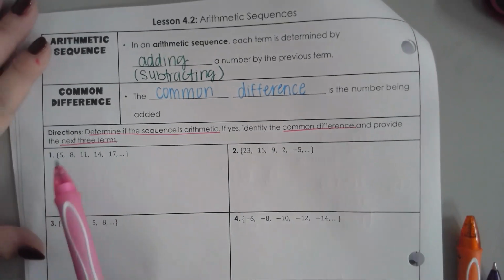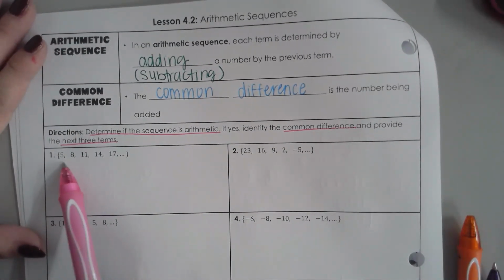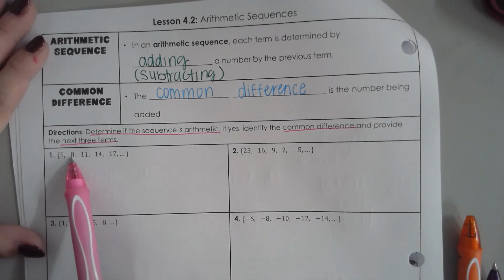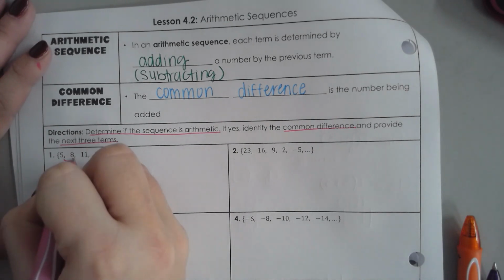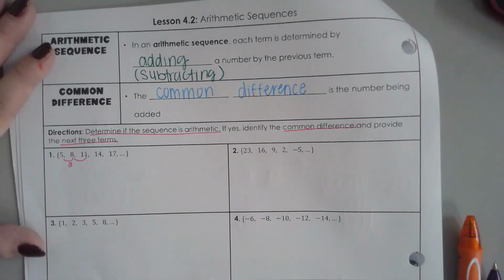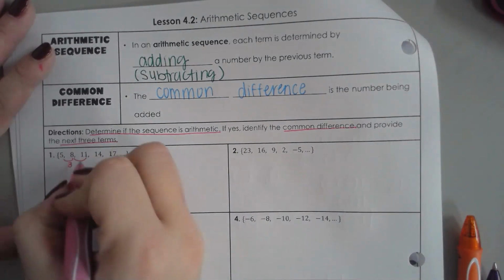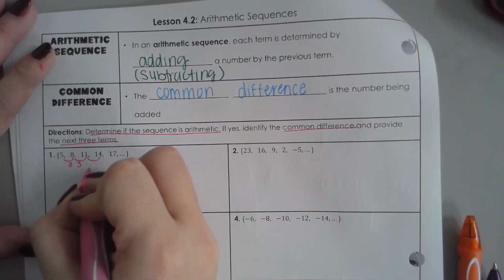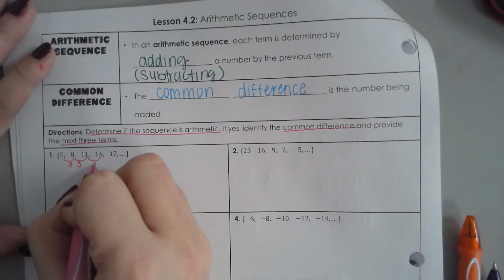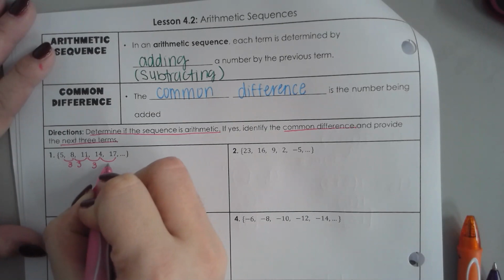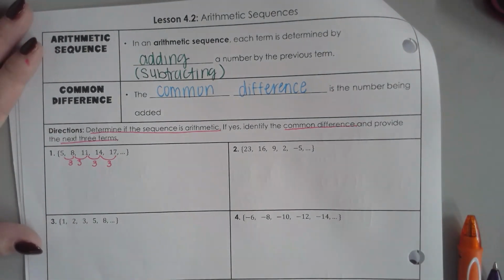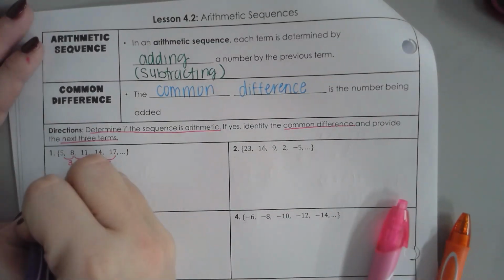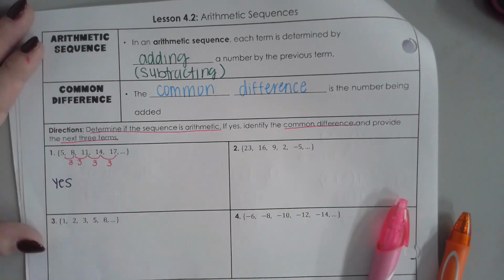So what do you add to 5 to get to 8? 3. Okay, so that's plus 3. From 8 to 11? 3. 11 to 14? 3. 14 to 17? 3. So it added 3 every time. So that means that yes, it is arithmetic.